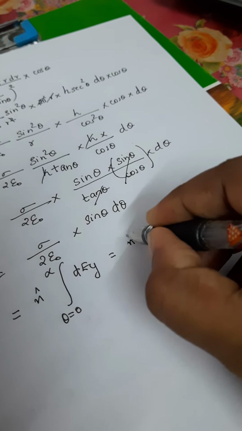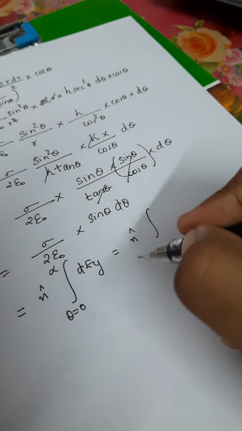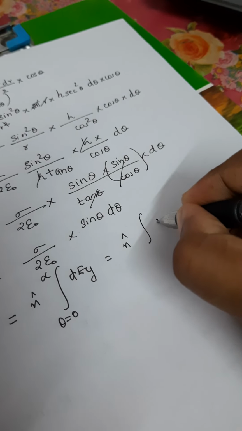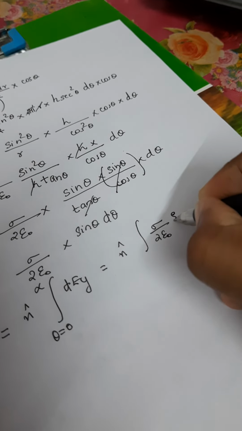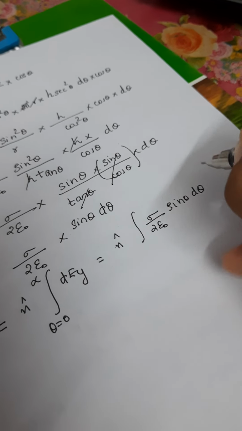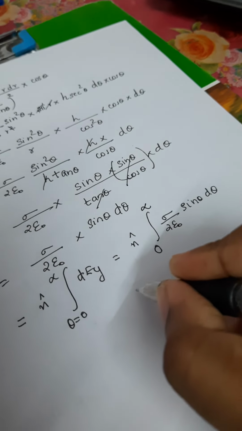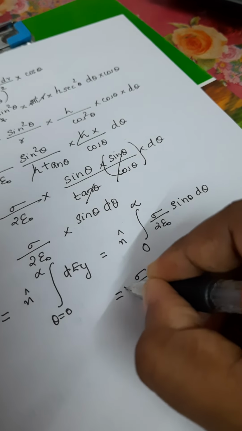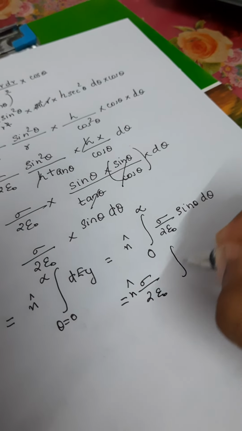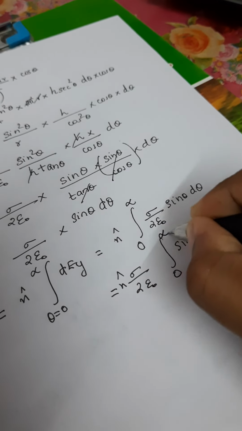Substituting dE, that is sigma by 2 epsilon 0 sin theta d theta, with the angle varying from 0 to alpha. Now sigma by 2 epsilon 0 comes outside, then the integral of sin theta d theta, with angle from 0 to alpha.